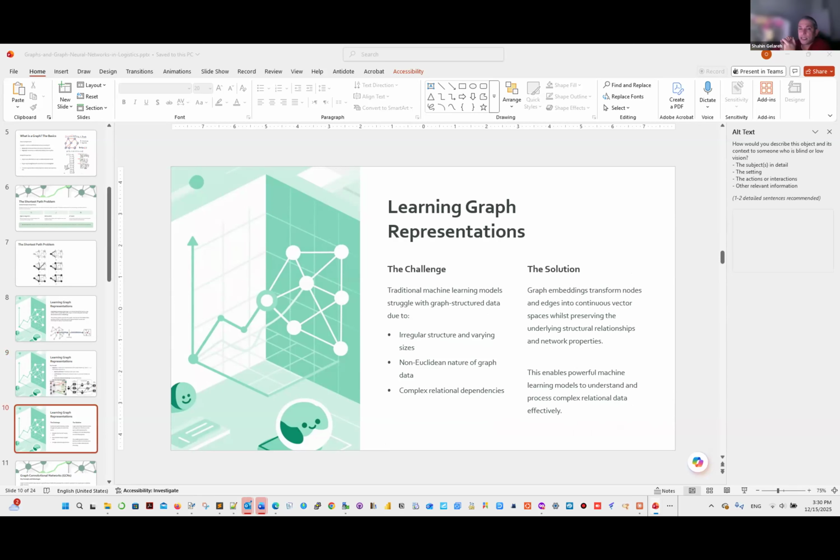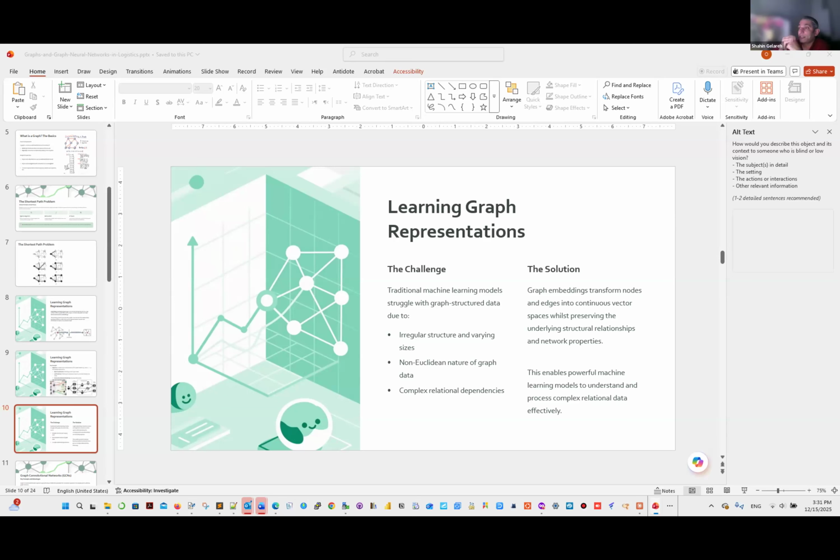The challenge is that in machine learning, in the past, and even now in many models, they stick to a specific size and a specific structure. Once they are trained on that structure, if you provide different input, it's like a distribution shift, and this will not deliver the right result.